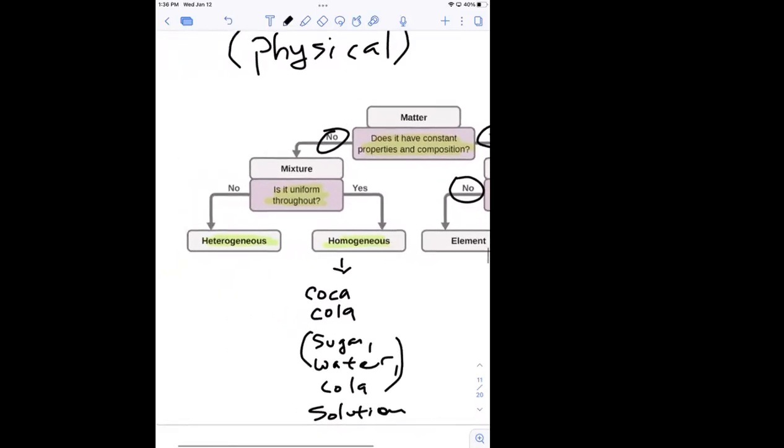Now, an example of a heterogeneous mixture would be like, I used this example earlier. How many of you have ever eaten at Bonefish Grill? I have. When they bring out the bread, they also bring this mixture, right, of olive oil and pesto and salt and pepper. To me, that's the highlight of the experience. I love that dipping sauce.